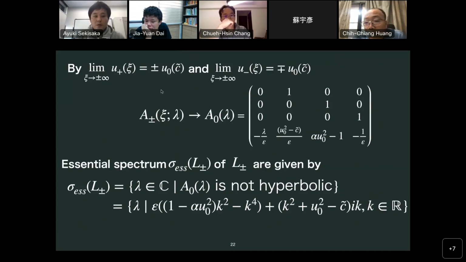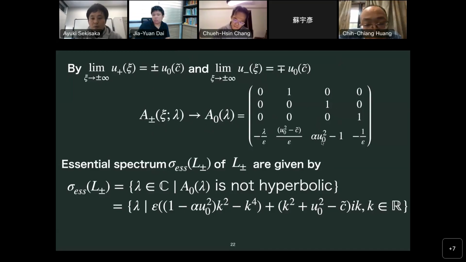This matrix A plus minus is the spectral problem with respect to the traveling fronts U plus and U minus. These matrices converge to the constant matrix A0 lambda, which looks like this.